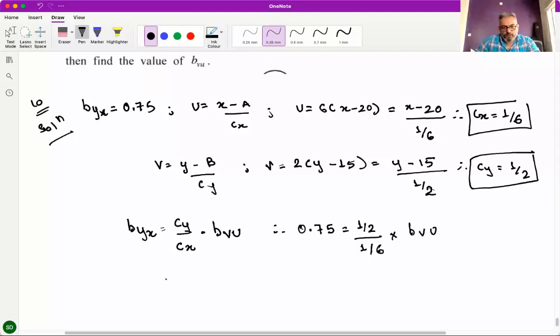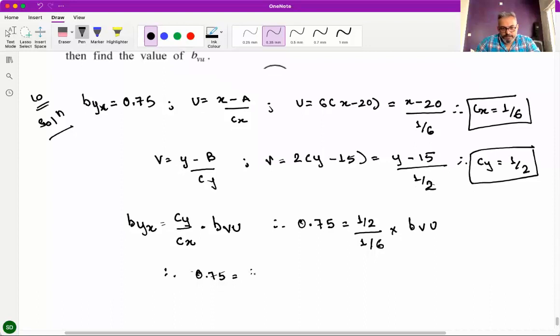Now first let's solve this so things become easy for you. 0.75 is equal to, now, so it will become 6 by 2 into b v on u. So therefore 2 3s are 6. So b v on u is equal to 3, it will come in division here.